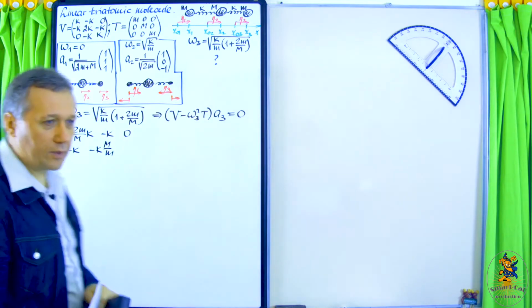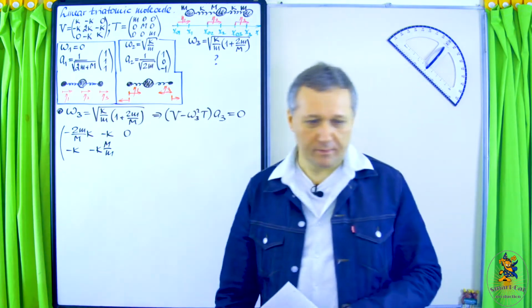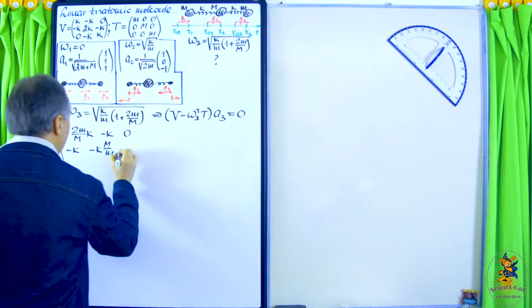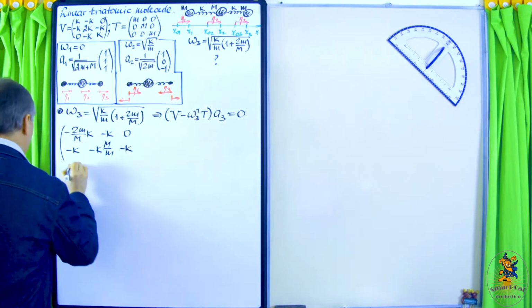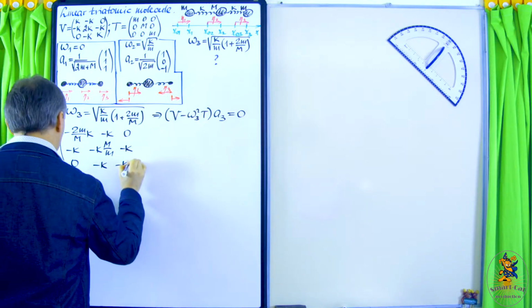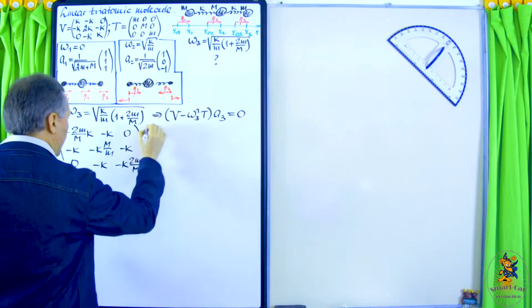Here, just a little bit of massaging, and you will end up with this. It's very simple, so I decided to skip. So minus k and 0, minus k, and minus k times 2m over m capital, the same as that one.